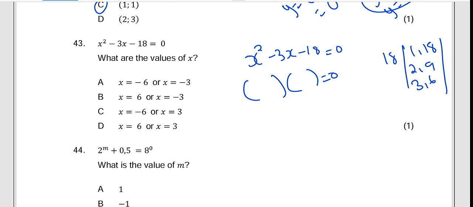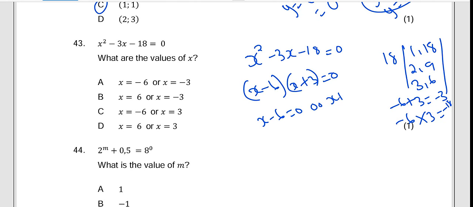What are two numbers that when I add them give me -3 and when I multiply them give me -18? 3 and 6, because -6 plus 3 gives me -3, and -6 times 3 gives me -18. So I will have (x minus 6)(x plus 3). X minus 6 equals 0, or x plus 3 equals 0. X is 6, or x is -3. The correct combination is B.